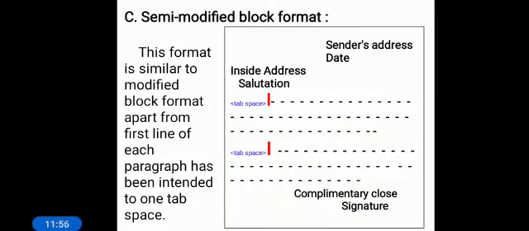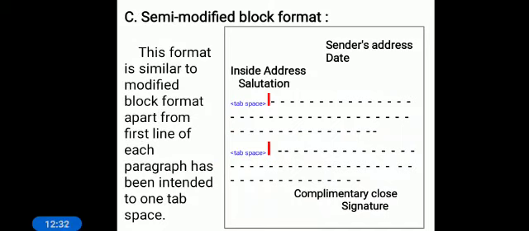the first line of each paragraph, you have to leave one tab space at the beginning of each paragraph. So in the beginning you have to leave one tab space, then you can continue writing, and after completion of a paragraph again you have to leave one tab space, then you can continue writing.